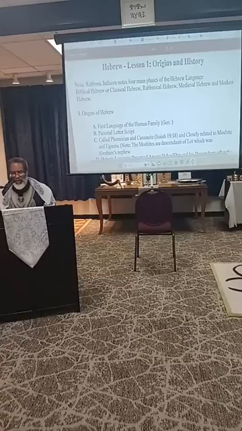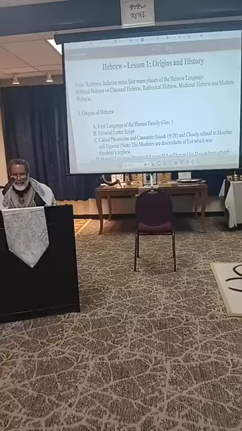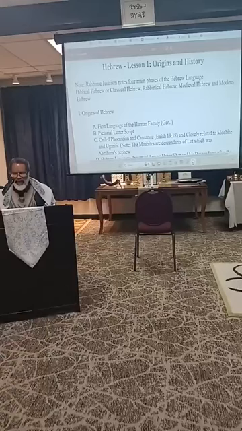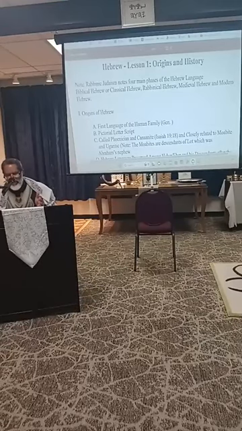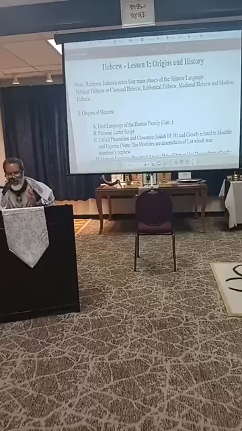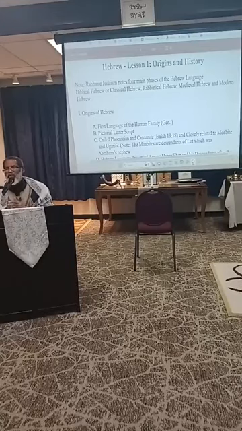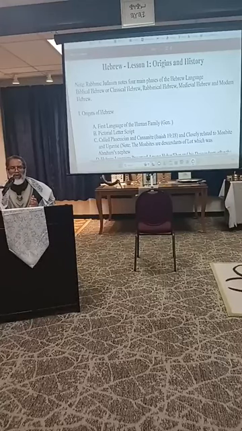I want to make a notation in regards to the language of Hebrew, and I'm going to make this notation at the very beginning. The notation is that in Rabbinic Judaism, it notes 4 main phases of the Hebrew language, and it primarily has to do with its development.